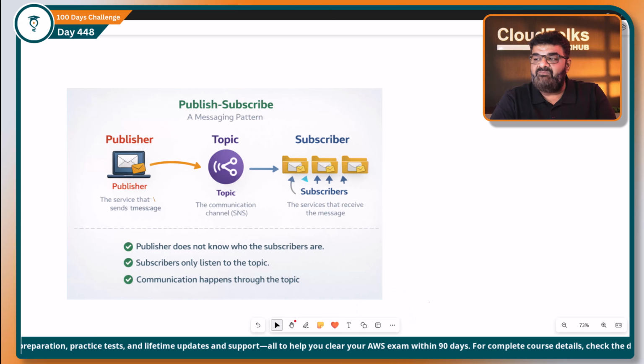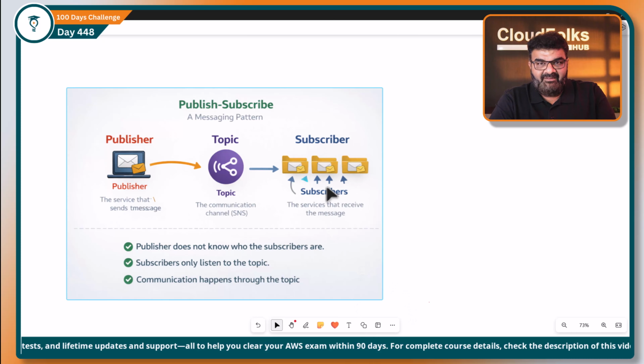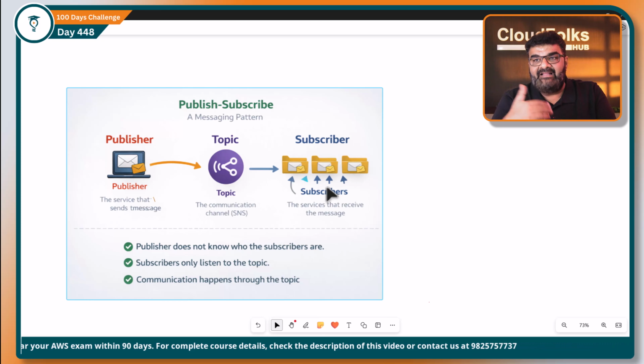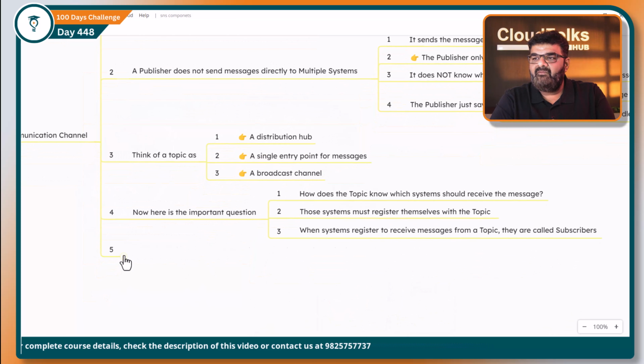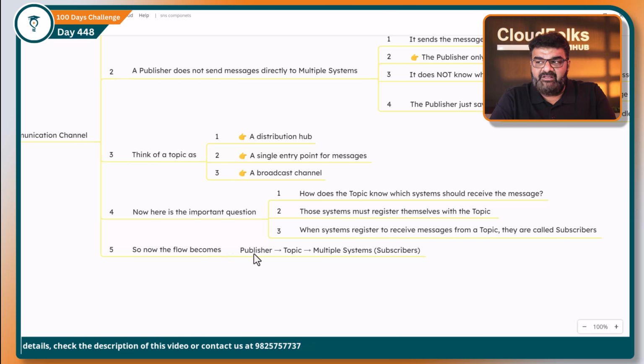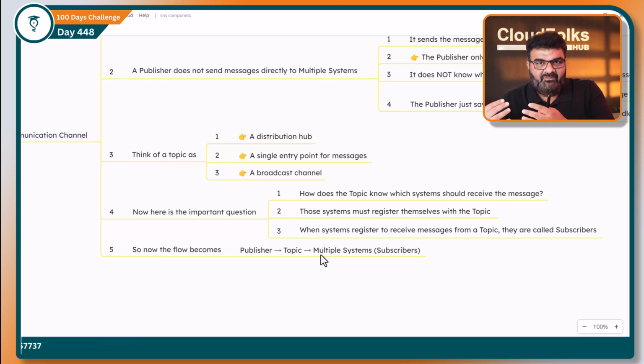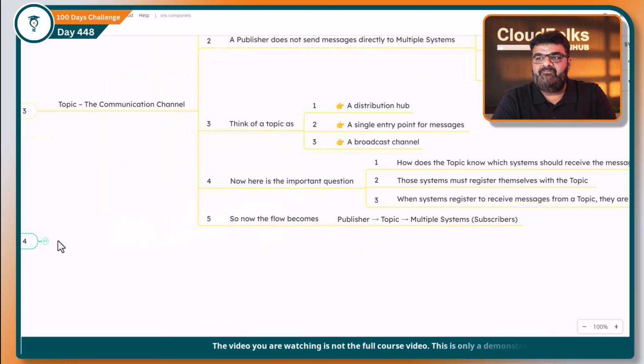So the flow becomes: publisher sends a message to the topic, and the topic sends the message to multiple systems. All these systems are actually subscribers of this particular topic.